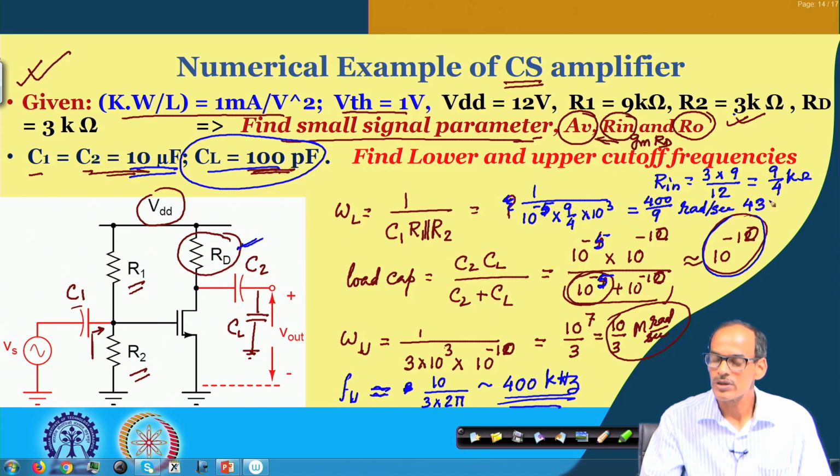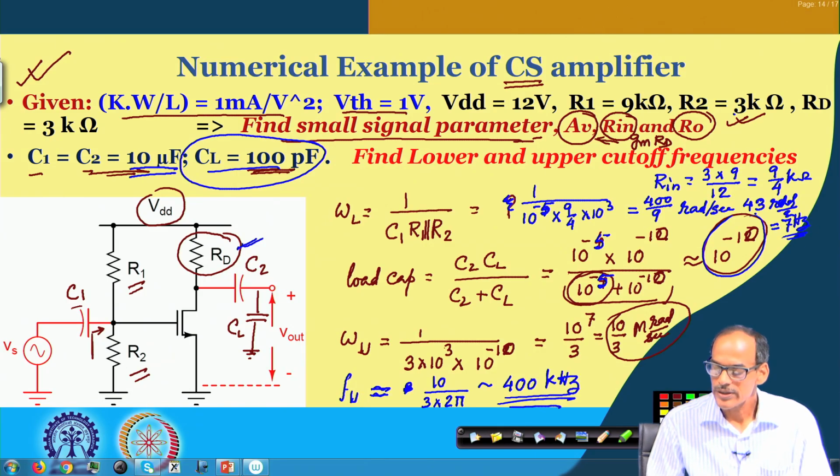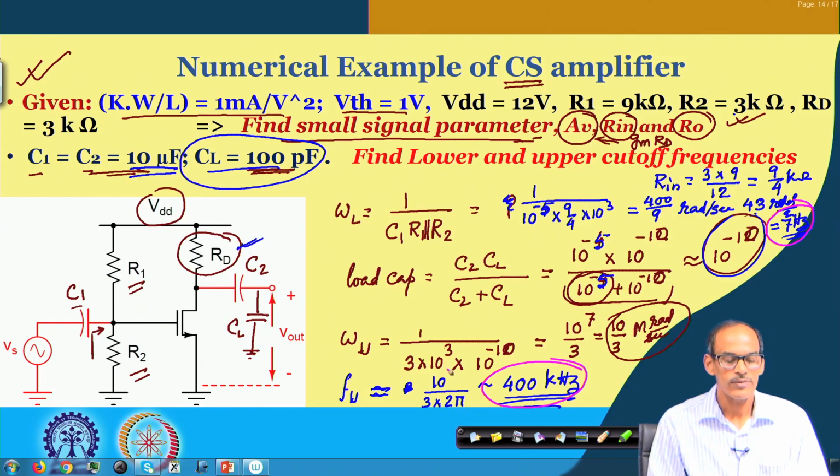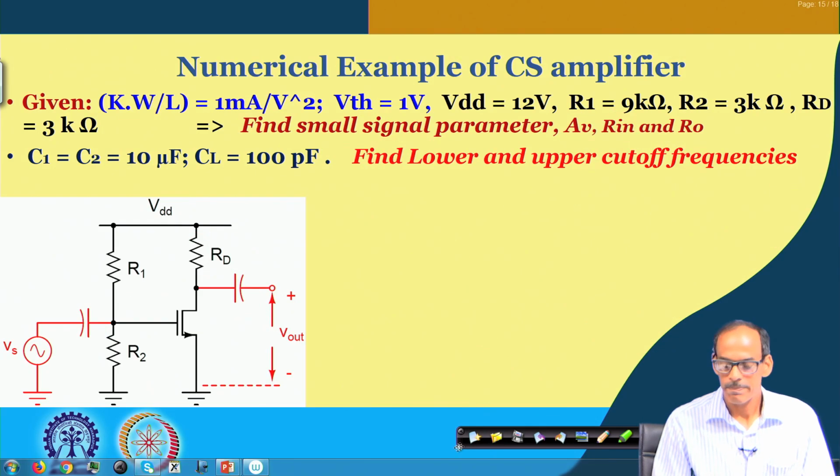So, maybe 43 radian per second and divided by 2 pi. So, if I divide by 2 pi roughly 6. So, that is becoming around 7 hertz. So, that gives you some idea of what may be a typical value of the lower and upper cutoff frequency of this common source amplifier. So, likewise you can consider say CE amplifier also.